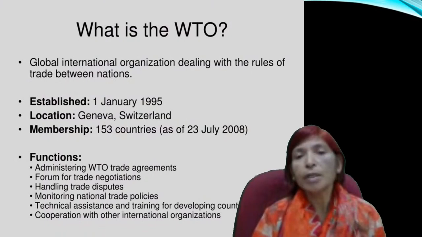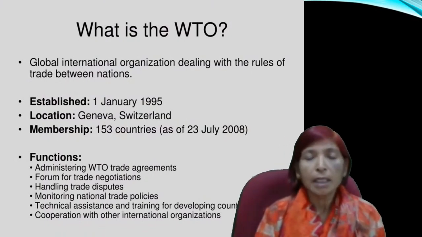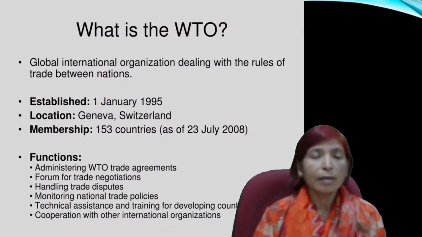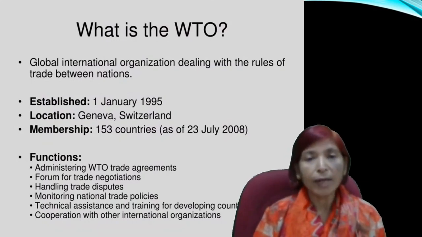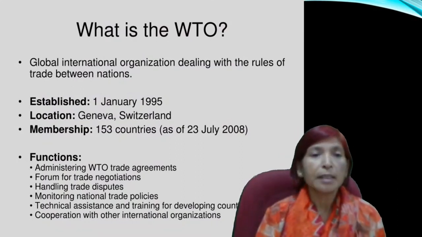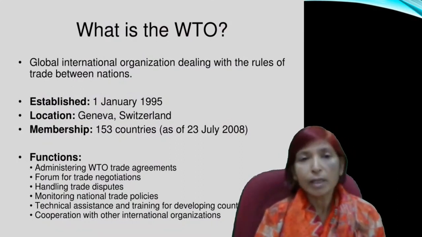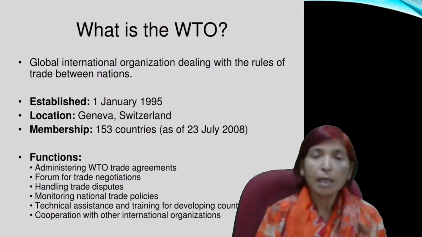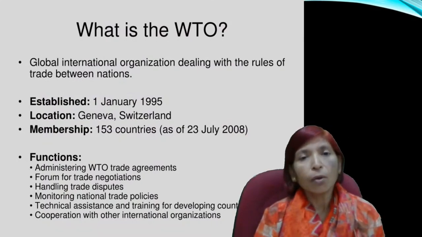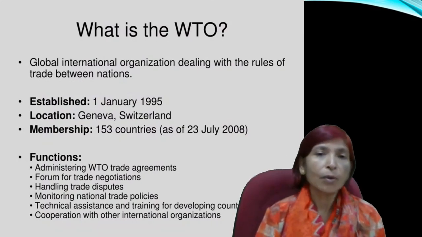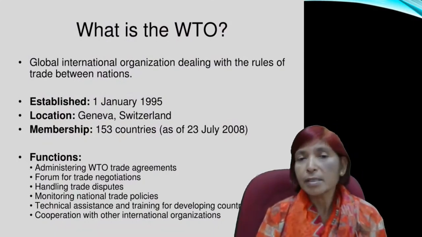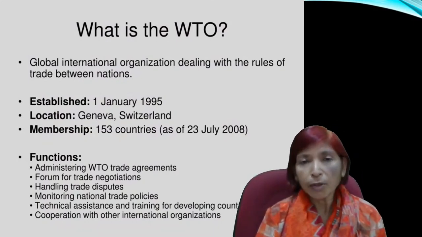Now next, what is the WTO? You know that in this unit we will discuss all these topics, like the new industrial policy of 1991 or new economic policy 1991, and next is the international business environment. In the international business environment, we must understand the role of WTO and the role of IMF, because WTO at present plays a very important role.